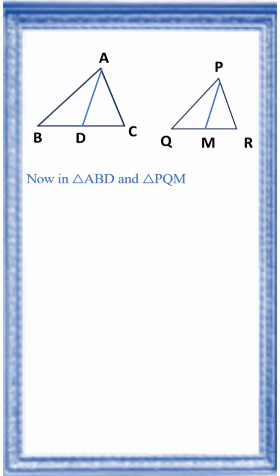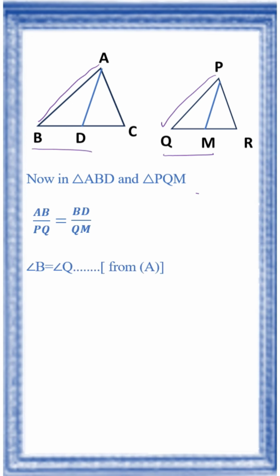Now in triangle ABD and triangle PQM, we have what from 1? AB by PQ is equal to BD by QM, isn't it? Why? We have proved it in equation number 1. And also angle B is equal to angle Q. Why? They are the corresponding angles of similar triangles.